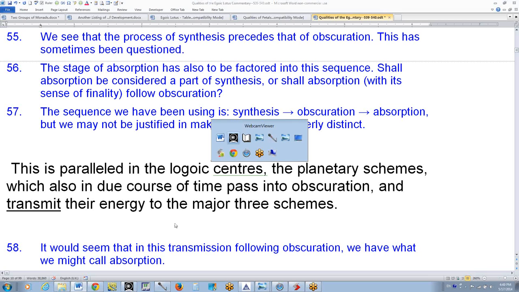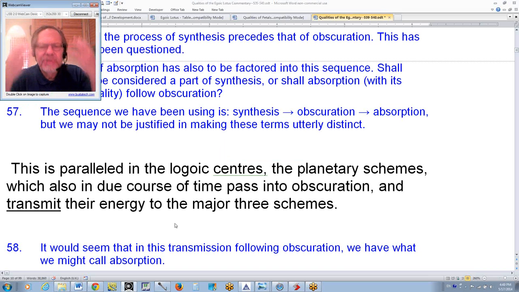See, death, after all, is the raising of all the centers of the vehicles into the head center, and eventually the abstraction of that energy from the dense physical body, that is, if death comes as a natural and orderly process.